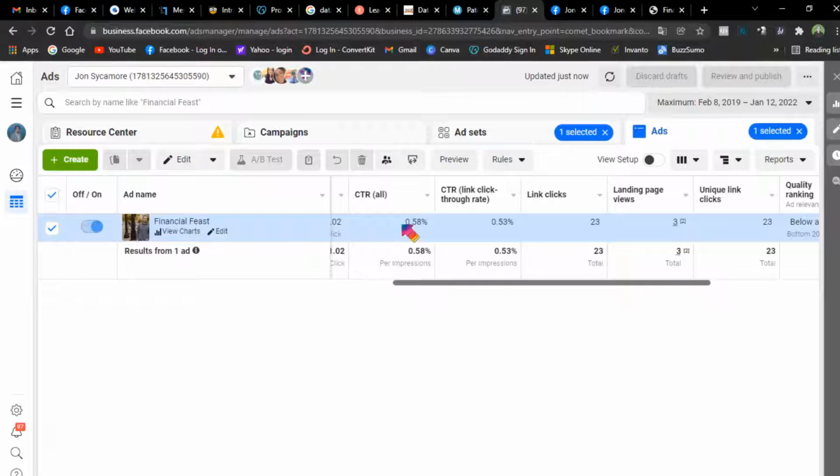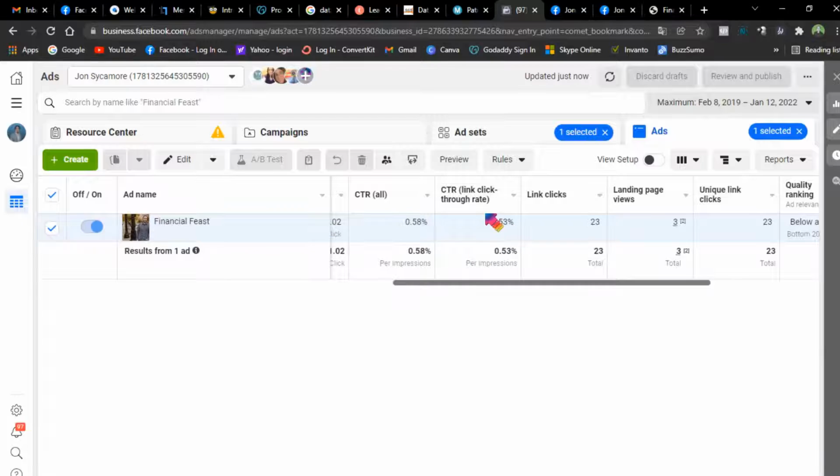That's my benchmark. Anything below 5%, we have to test more creatives, because otherwise your cost per lead will be high. We're throwing money down the drain there. So anything above 5%, we're going to be happy with that, right?